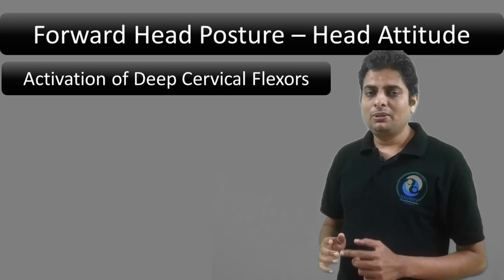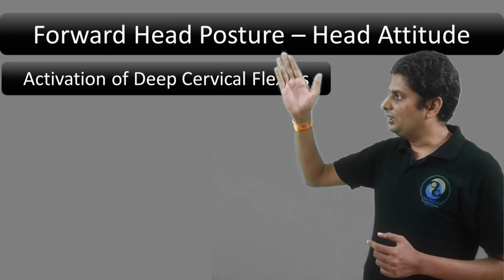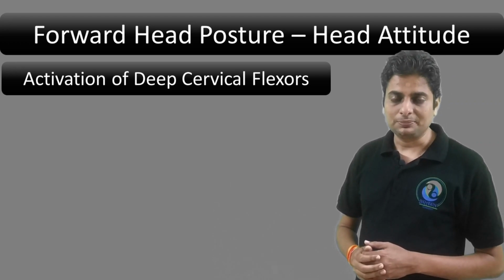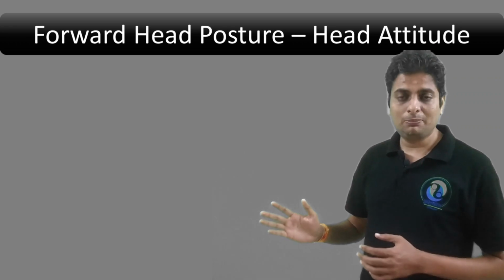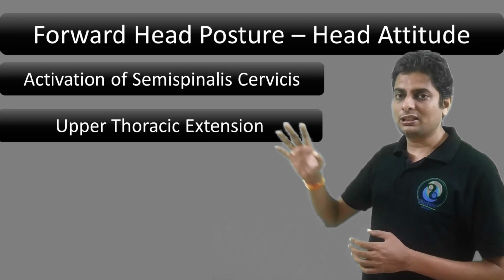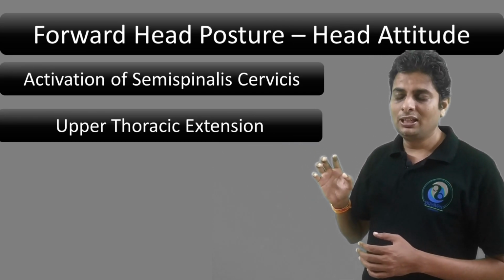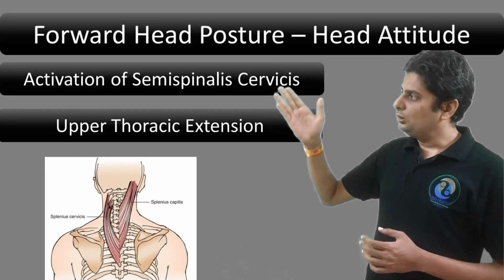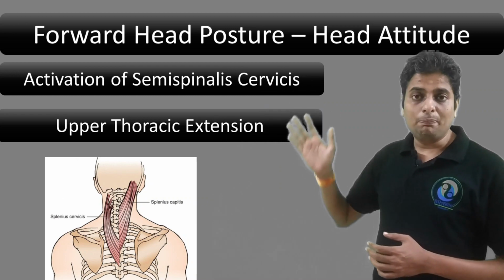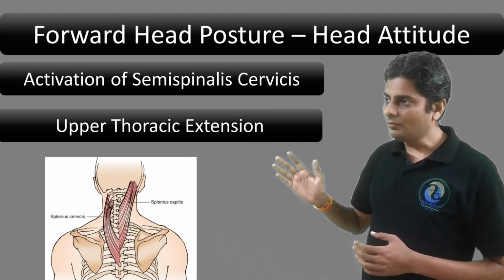So first step is the activation of deep neck flexors. In second step, over this elongated spine, now semispinalis cervicis activates and extends your lower cervical and upper thoracic spine.